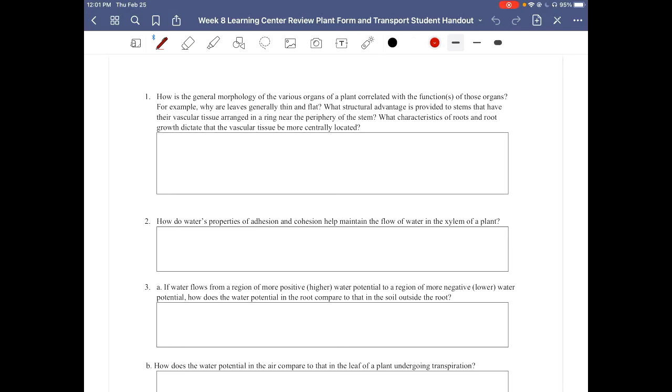So one example that I can think about is that plants have thin, flat leaves. And what this does is that it's going to allow for high surface area to volume ratios.